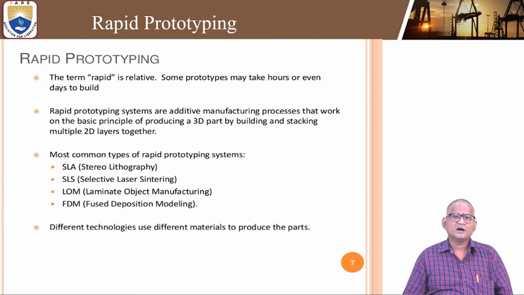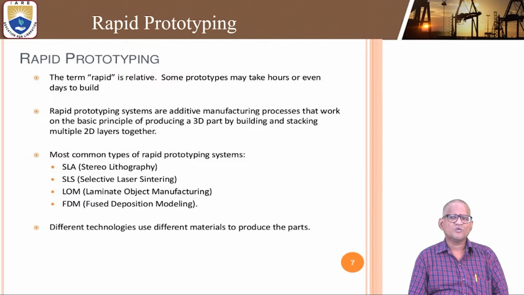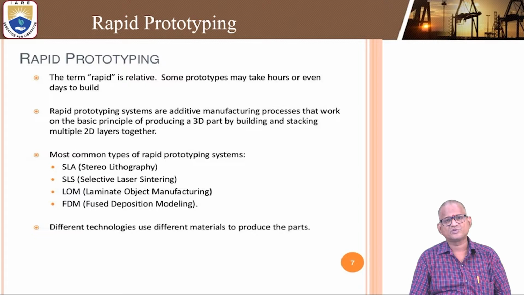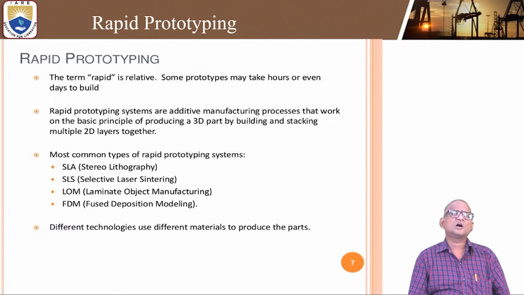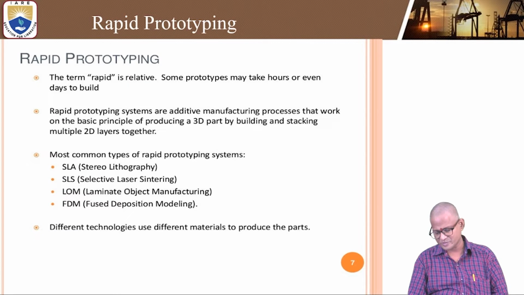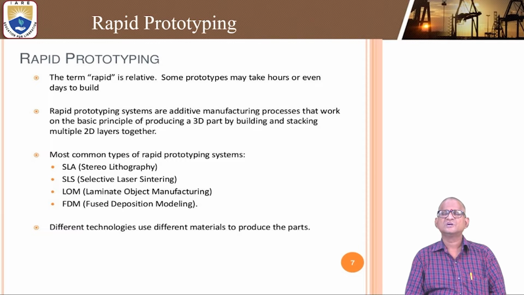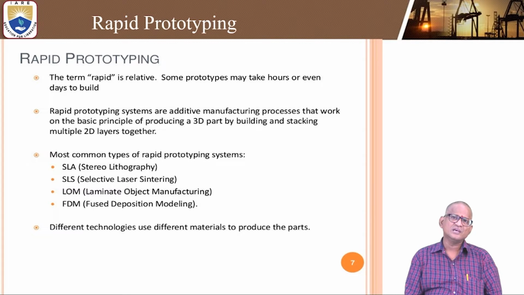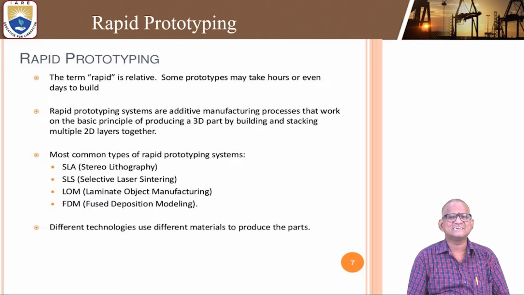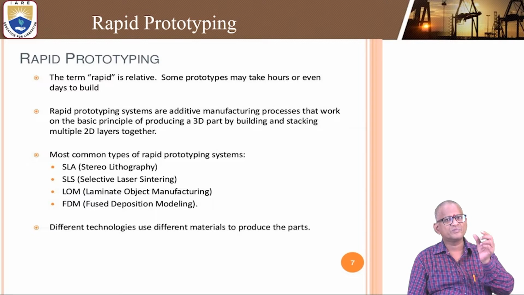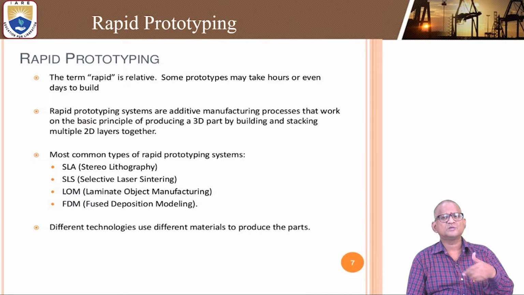Okay. Now let us see why it is called rapid prototyping, and what are the most common types of rapid prototyping systems introduced in industries. The term rapid is relative. Some prototypes may take hours or even days to build.